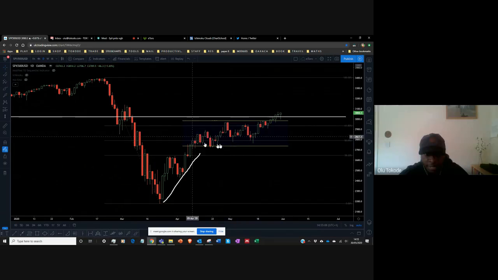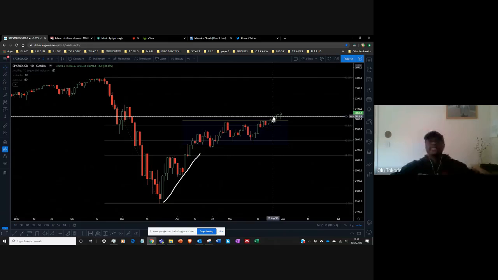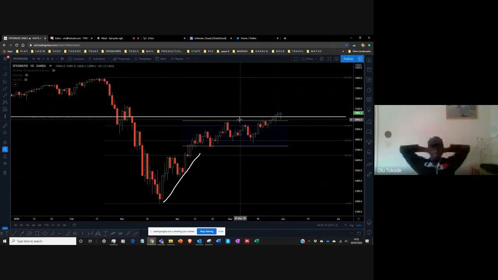There's a loss of momentum here. But we're just beginning to break out. We've broken out of this channel, but sometimes you have a breakout, but it's the way in which you break out that is important.